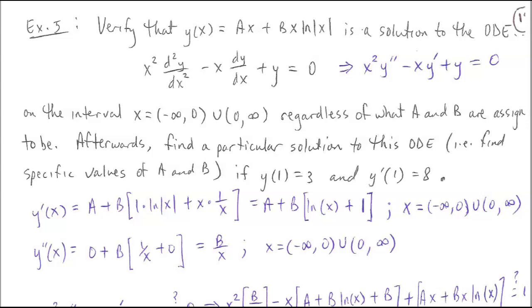The main point, or the main reason why I want to show this example, is that if this is a solution to this particular differential equation, it's only going to be valid for values of x that are all real numbers except for 0. Okay, and the reason for that is, if you look here on the left side, if I was to try to rewrite everything in terms of just having a second derivative, something plus or minus the first derivative, here I could divide both sides by x squared.